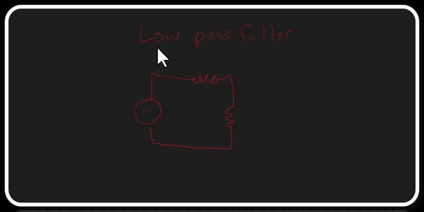Okay, so I have an inductor L, I have a resistor R, and there is a voltage across this resistor, and that would be my output voltage. And let's think about how this filter would act at different frequencies.